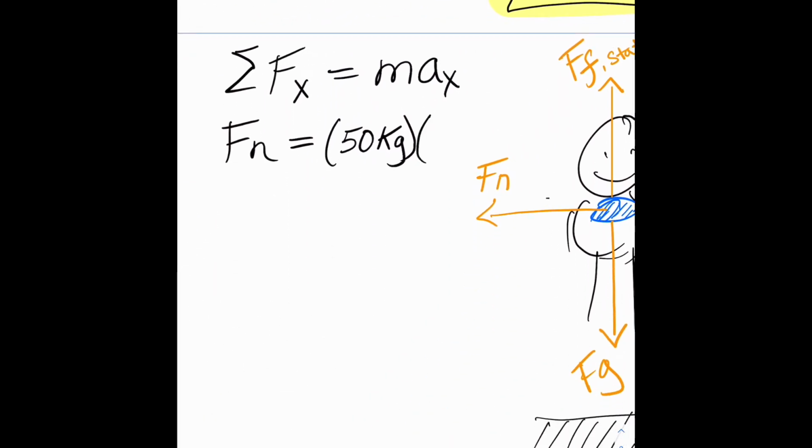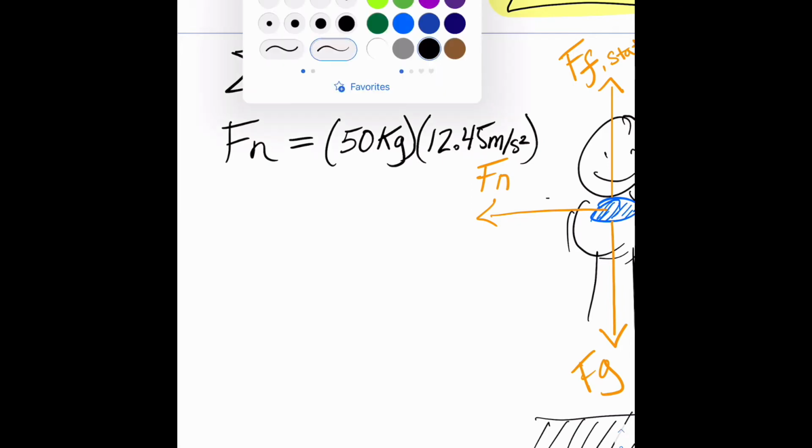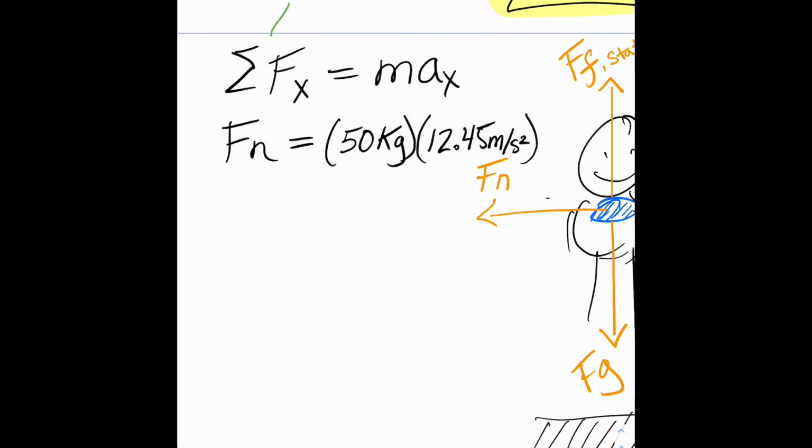And so what we're seeing here is that force centripetal is our net force, and centripetal acceleration is our net acceleration. I just want to point that out because that's how it shows up in these problems.